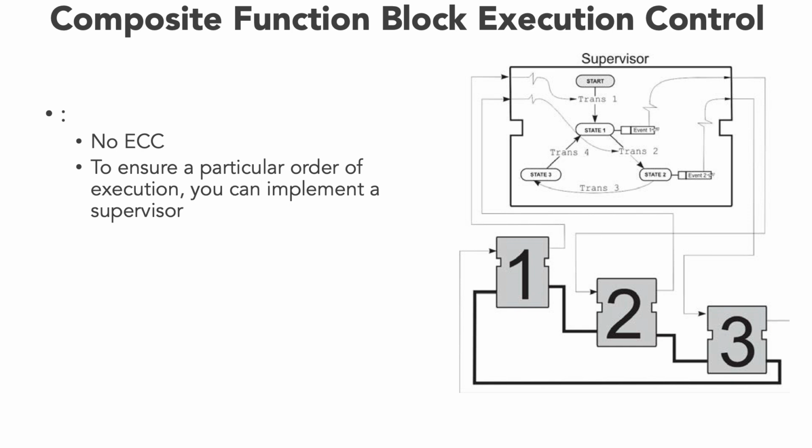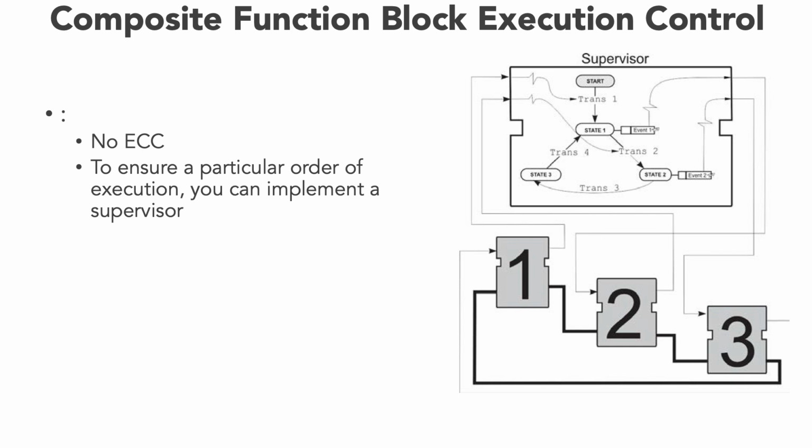But at the same time, if we needed to organize other function blocks in some given sequence, we could create a basic function block with a state machine in it, and this state machine will emit events so that the function blocks inside the composite block could be arranged in a required order of execution.